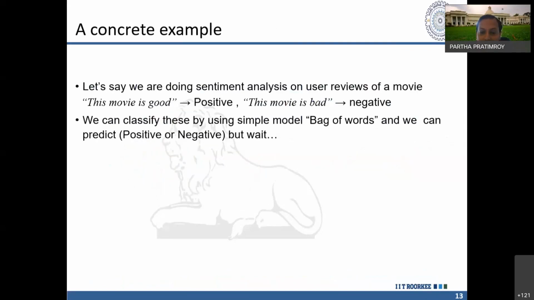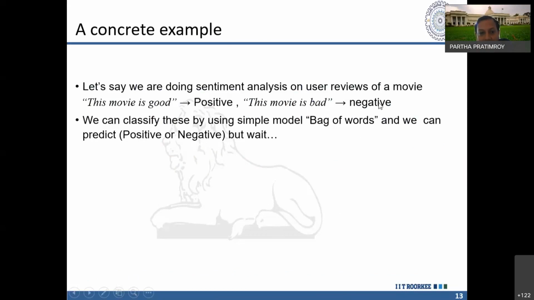Let us consider another very good example. Take sentiment analysis, where people place comments on movies or products on social media websites, like this movie is good, or the product is bad. When I say this movie is good, that's positive.